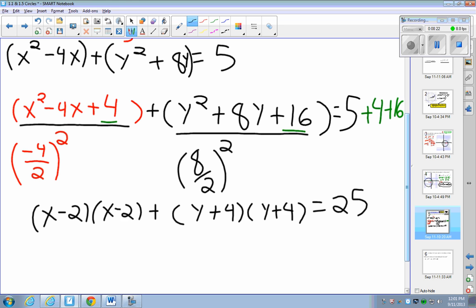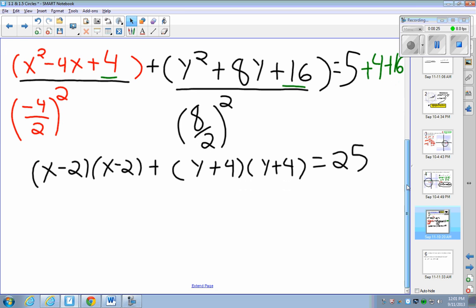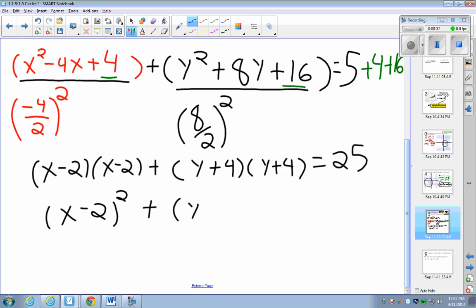All right, so now we're just going to combine the x minus 2's and the y plus 4's to some square. So we'll have x minus 2 squared plus y plus 4 squared. And that's all going to be equal to 25.